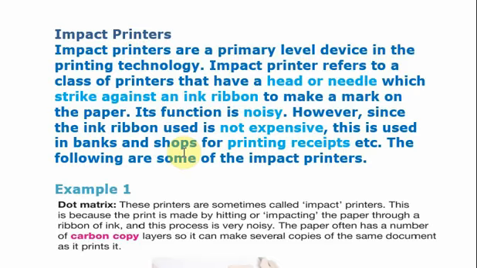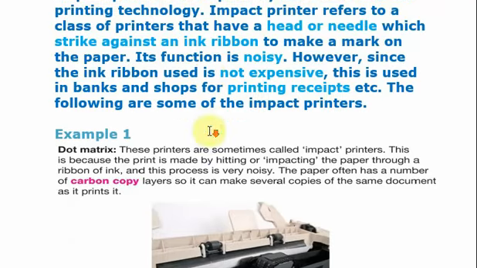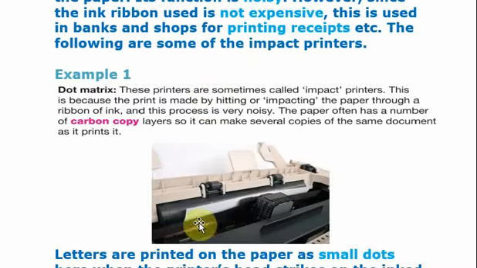Noisy, the head impacts against the ribbon, and the quality is not that sharp. Tiny dots are used. So it is commonly used for printing receipts because it is very cheap and easy to maintain. Another special feature of the dot matrix printer is we can have many copies simultaneously. We can keep carbon papers in between and we can have multiple copies.